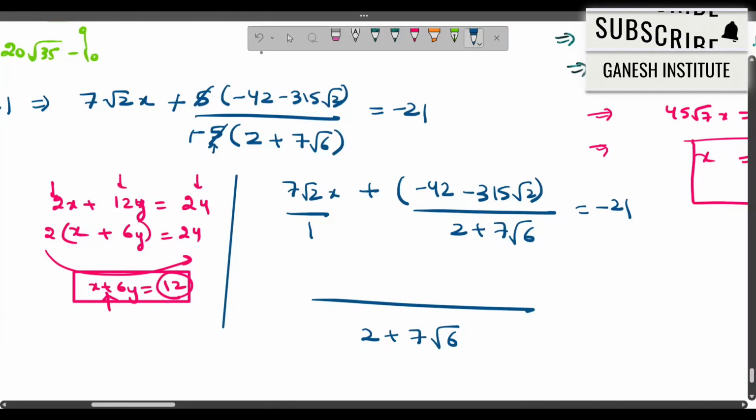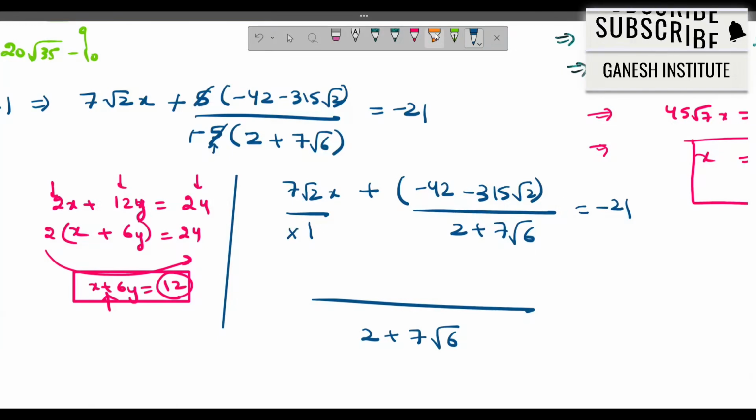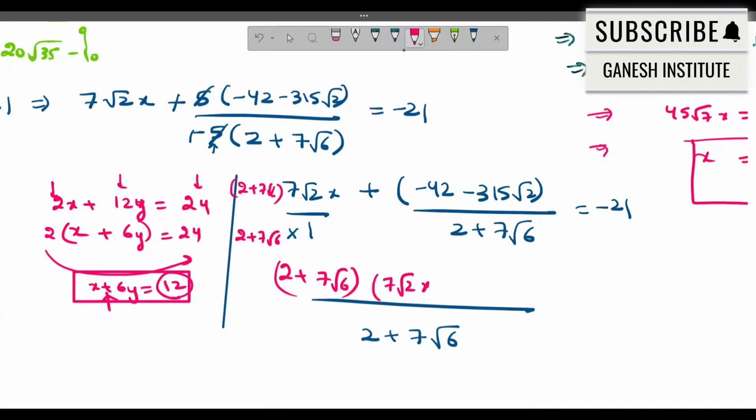Cross multiply, right? Because I need to make this 2 plus 7 root 6, right? So I'll be multiplying it. So 2 plus 7 root 6 multiplied by 7 root 2x plus this.